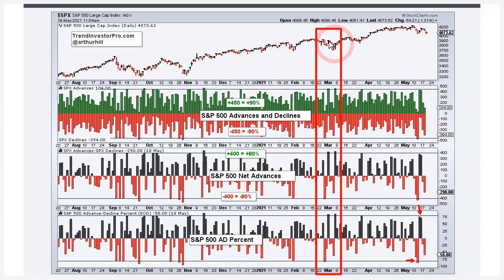So we have 2 +80% days during this little pullback. And that set the stage for this advance in March and into April. But right now, I think this little 80% down day that we've had kind of gives a short-term bias to the bears, even though I think any pullback at this point is still a correction within a bigger uptrend.